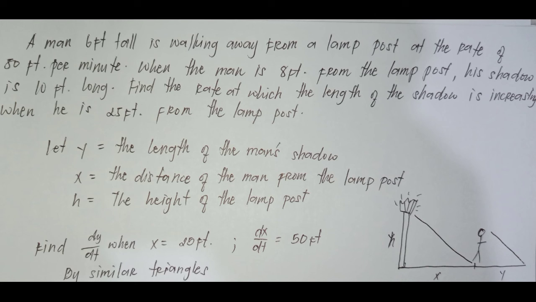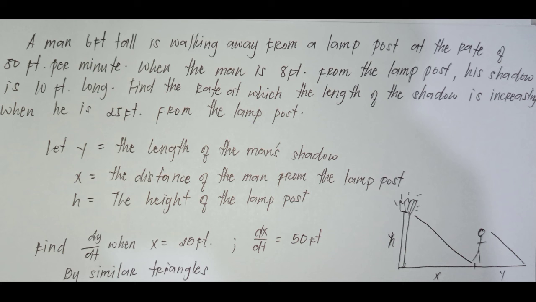Let's try another example. A man 6 feet tall is walking away from a lamppost at the rate of 50 feet per minute. When the man is 8 feet from the lamppost, his shadow is 10 feet long. Find the rate at which the length of the shadow is increasing when he is 25 feet from the lamppost.